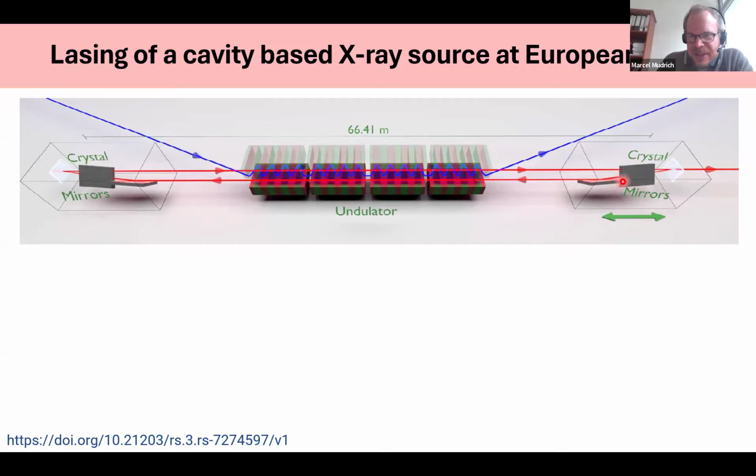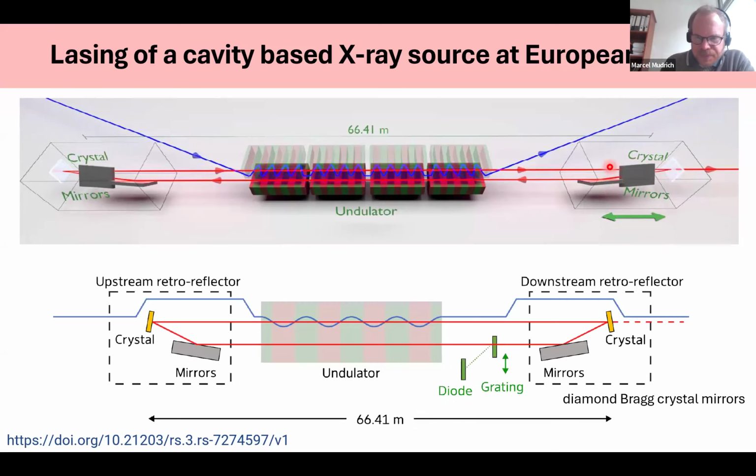This is a single crystal diamond, just put at the right angle such that we have constructive Bragg reflection on one crystal, and then a second crystal, which again acts as a Bragg reflection element.